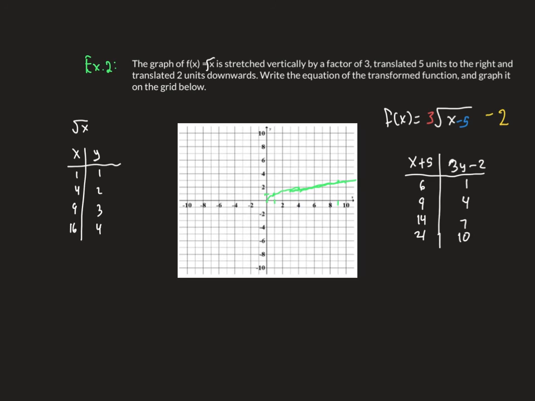So let's see what these look like. Now it's going to be hard to put some of these x's here, mainly because I have a radical area here, so we're going to have to make do. So I'm just going to put the 6 and 9. So the 6, that should give me 1.